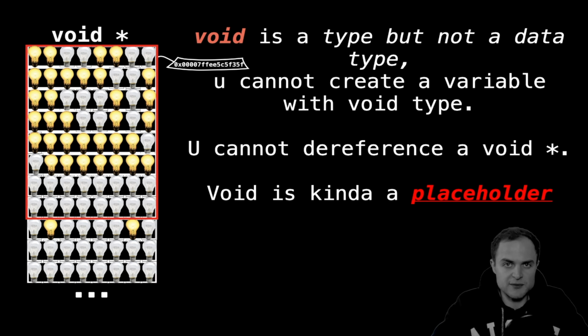Let me explain better. For pointers, when we don't know the object pointed by the pointer itself, we say, hey, compiler, I don't know which is the object pointed by this specific pointer. I will tell you later what object is pointed, but by now, just save it as a void pointer, namely a pointer without a type.